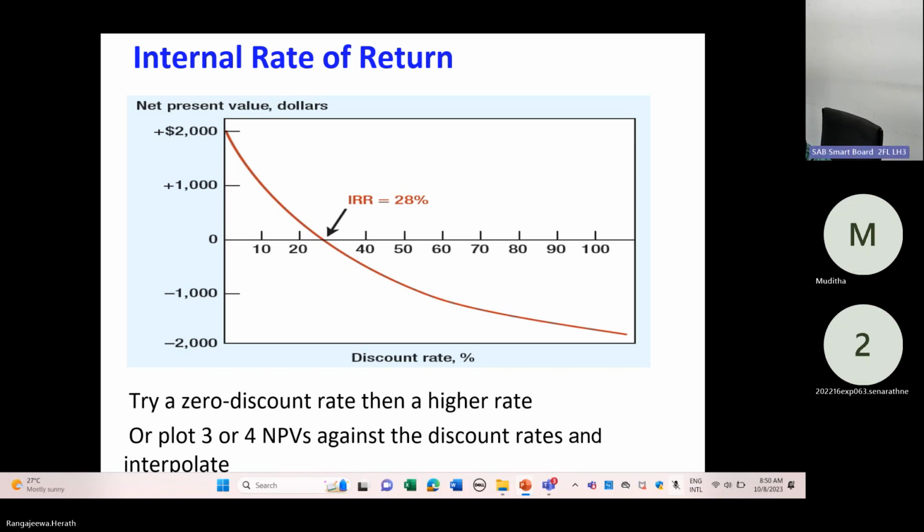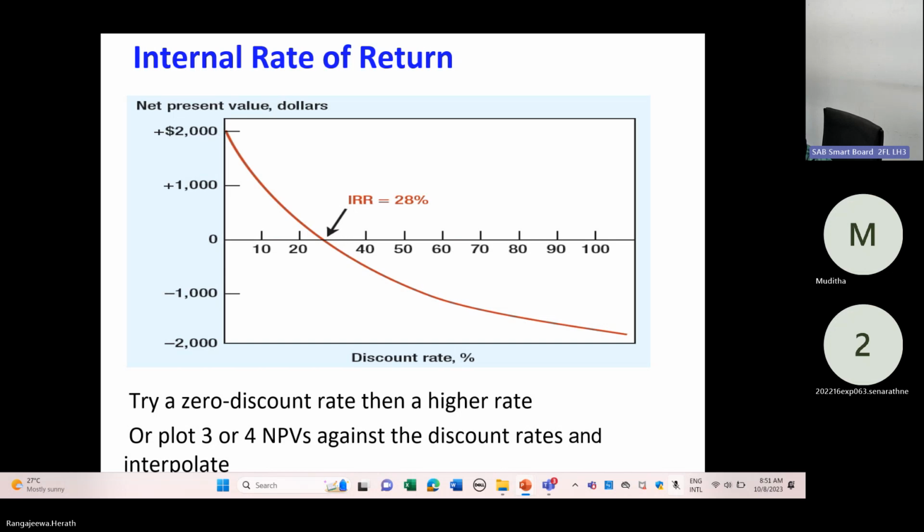For NPV decision making, NPV positive accept, negative reject. Similarly, for IRR, you compare it with the expected rate of return of the investor, which is equal to the cost of capital. The minimum expected rate of return of the investor equals the cost of capital, with risk factors considered. So with an expected rate of return of 30% and IRR of 28%, you end up with a negative NPV, so do not accept it.